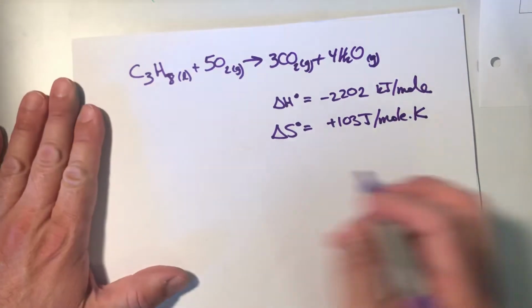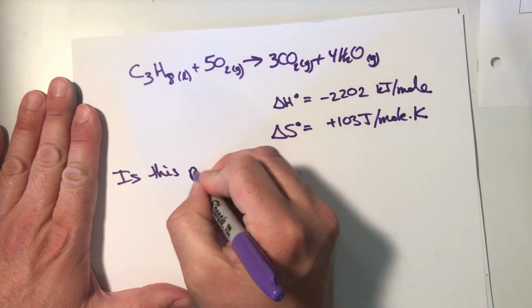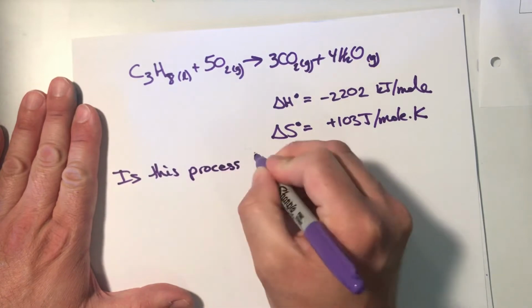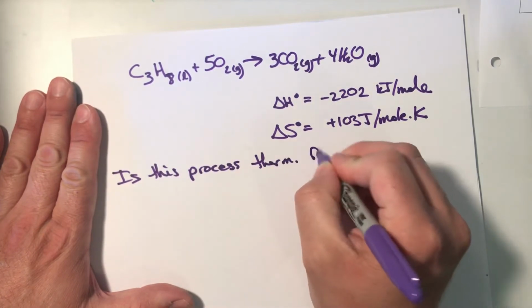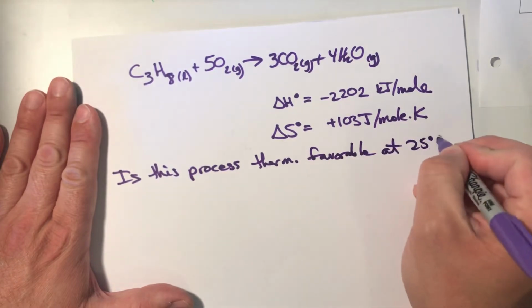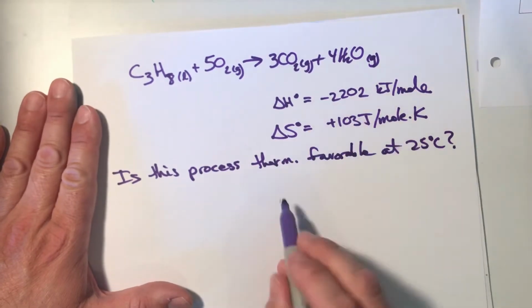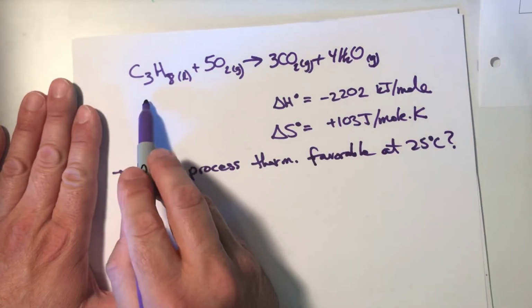All right, let's say we ask the question, is this process thermodynamically favorable at room temperature, 25°C. I will mention before we even do the calculation, this is the burning of propane.